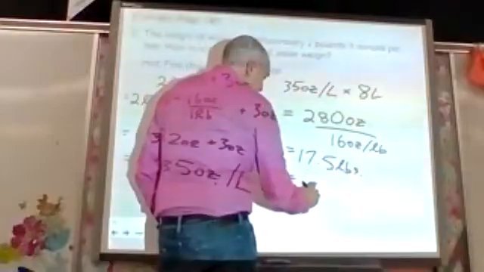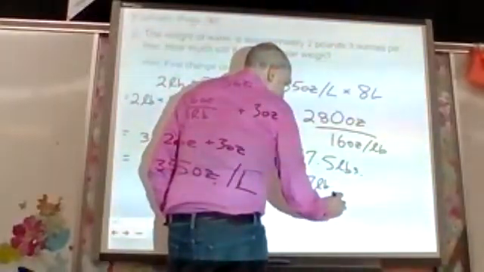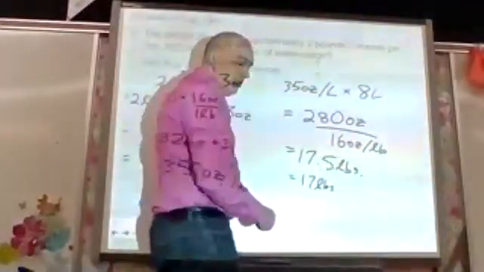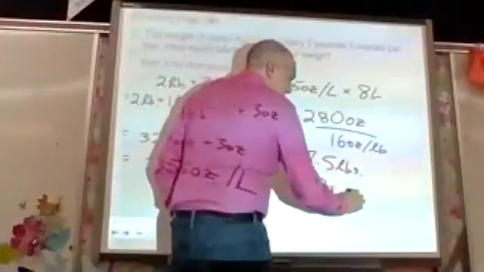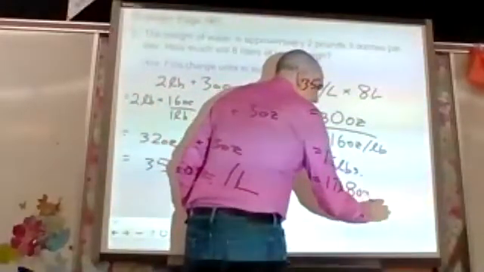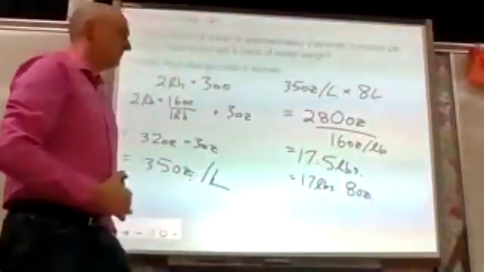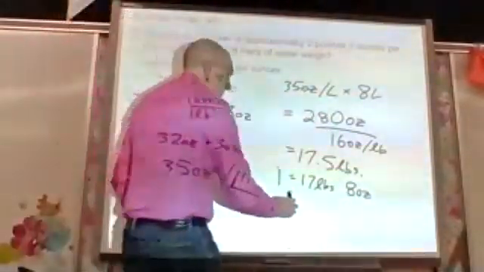Or we could say 17 pounds. And how much is half of a pound if 16 ounces are in 1 pound? It'd be 8 ounces. Right, 17 pounds, 8 ounces is how much this is all going to weigh.